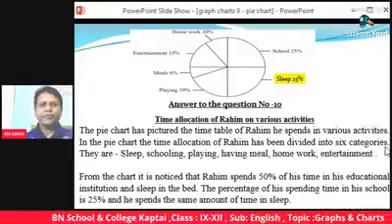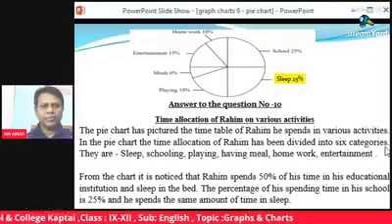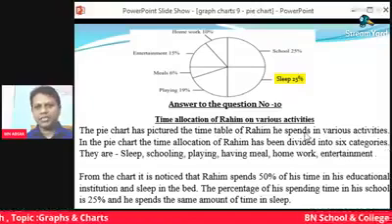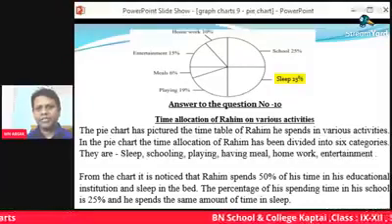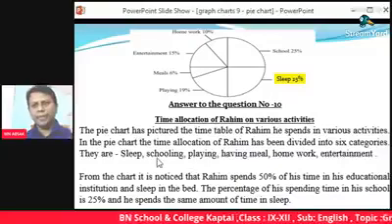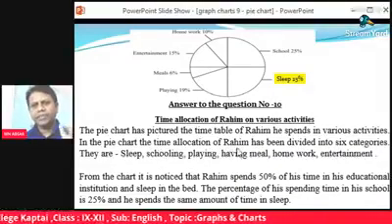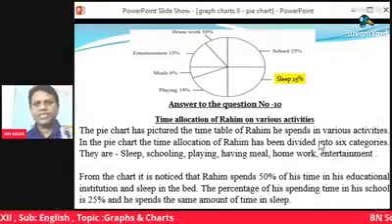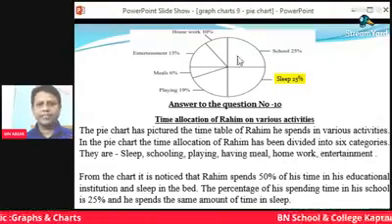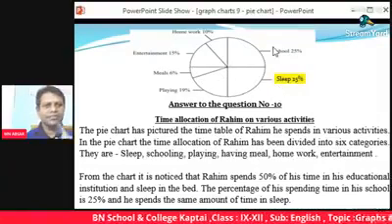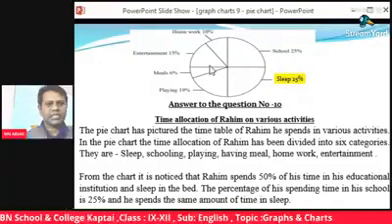If you want to enlarge your introduction part, then you can add these two sentences also. What I have written here, look: in the pie chart, the time allocation of Rahim has been divided into 6 categories. Look at the graph. This graph has been divided into 6 categories.